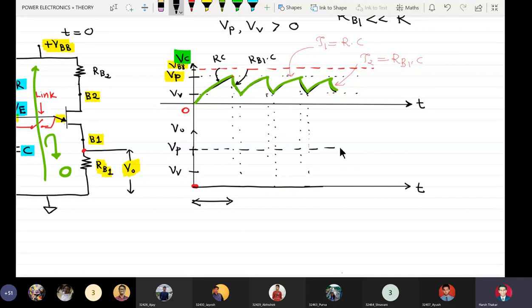So we have two levels, peak and valley, and these are the instants.